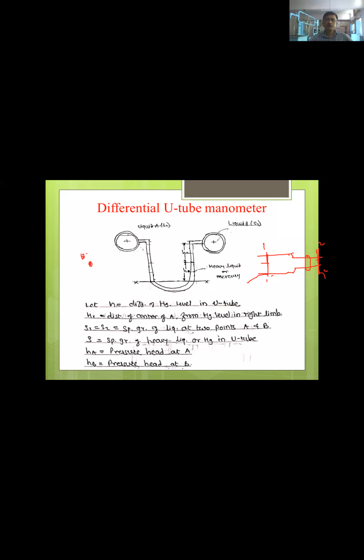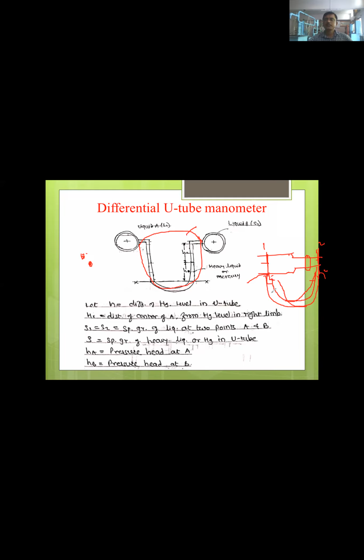But if we go for these differential manometers, a differential manometer means this part. It will have two limbs, and one limb will be connected to this section, and another limb will be connected to this section, like this. The differential manometer will be connected, and it measures the pressure.